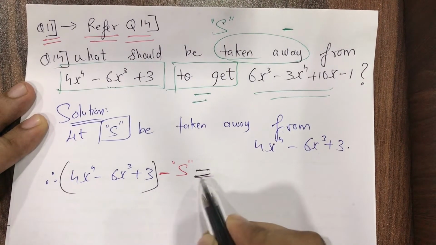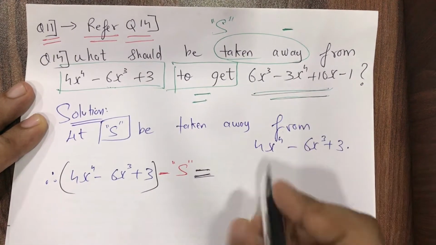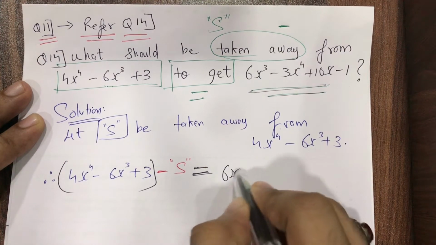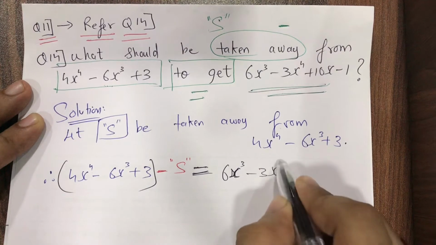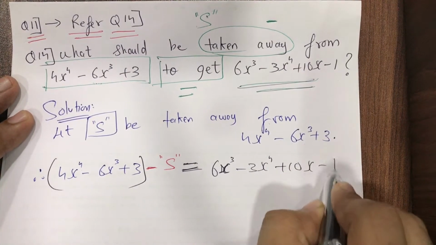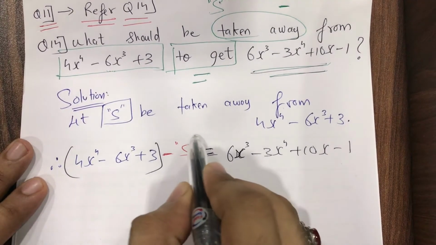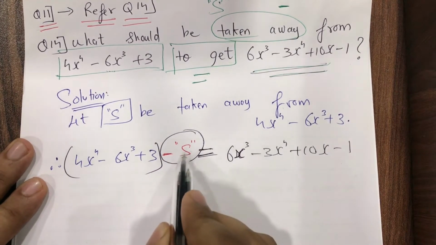So after taking out S, the answer is this: 6x cube minus 3x raised to 4 plus 10x minus 1. We need to find the value of this S.